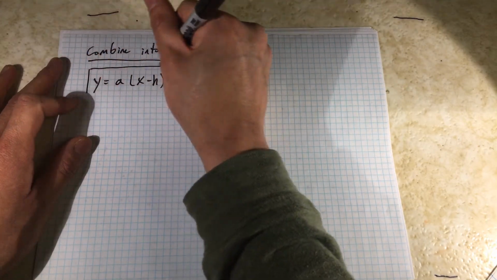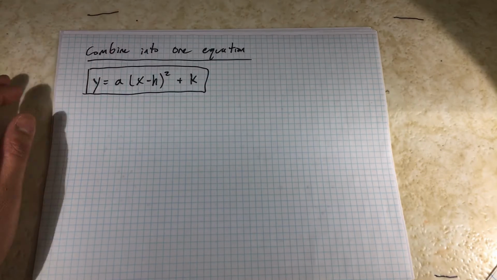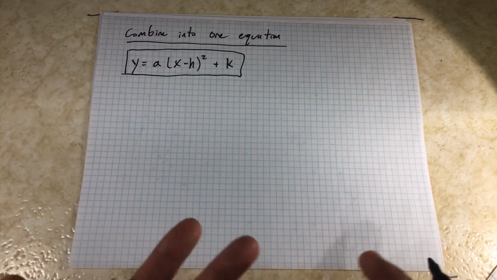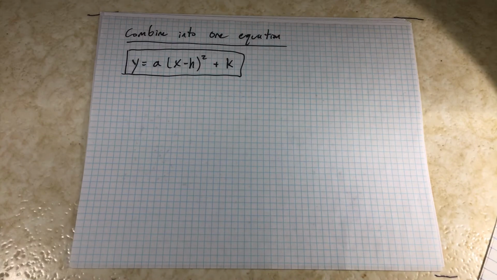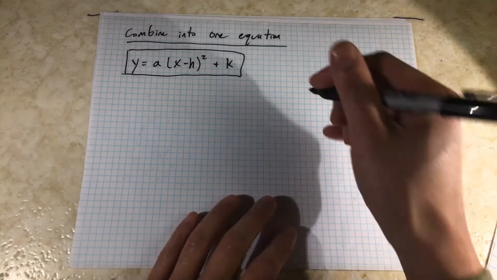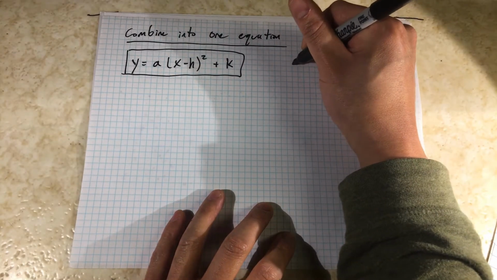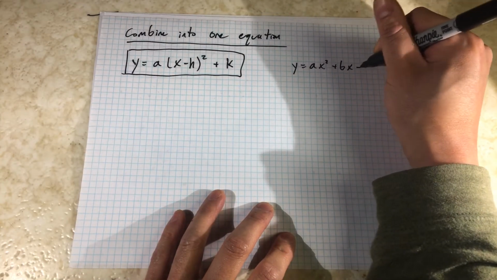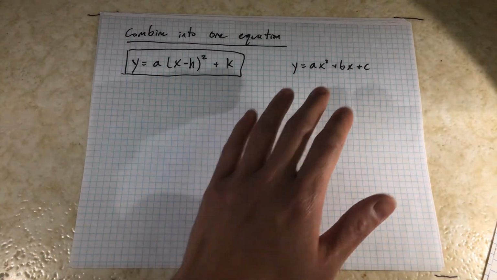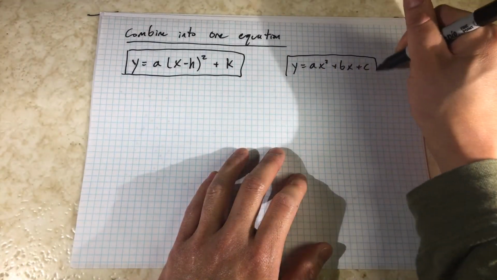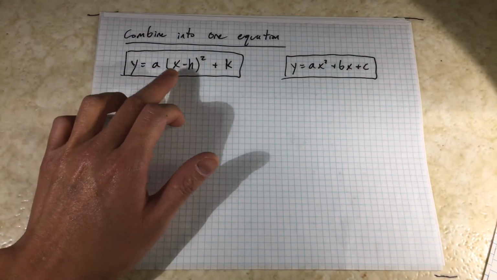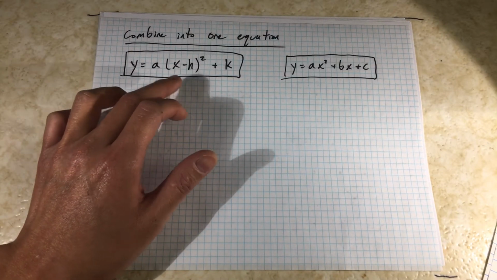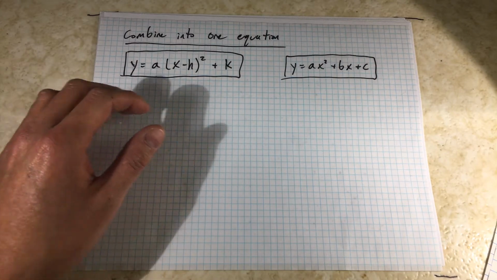If you've studied quadratic equations before, you might have seen the other form, which is ax squared plus bx plus c. But this is a slightly different form. If you took algebra with me, that is the form we used, because we didn't know about graphical transformations. Now that you know graphical transformations, you can do it like this.